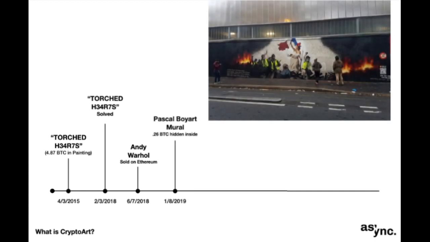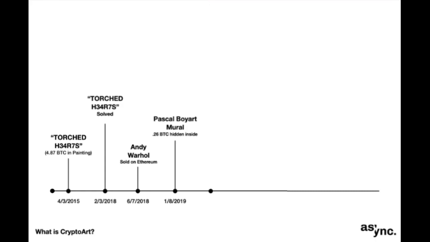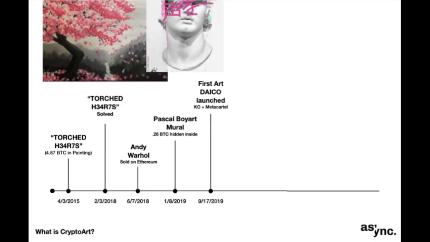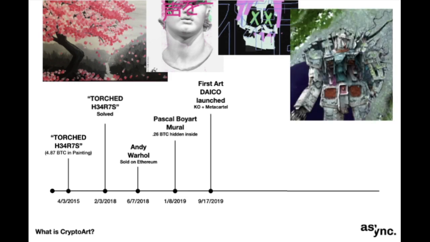In January 2019, a French street artist by the name of Pascal Boyard made a mural with 0.26 Bitcoin hidden inside, and he painted this somewhere in France. So again, just more instances of people integrating crypto and art, still physical. Last year, in 2019, there was the first art.co.